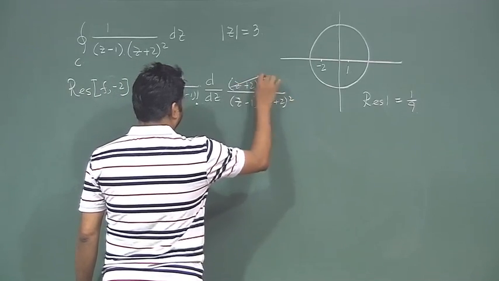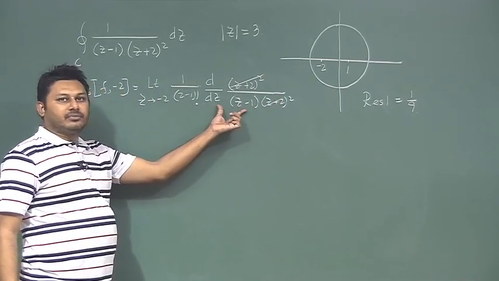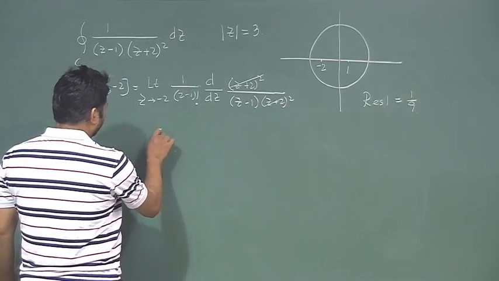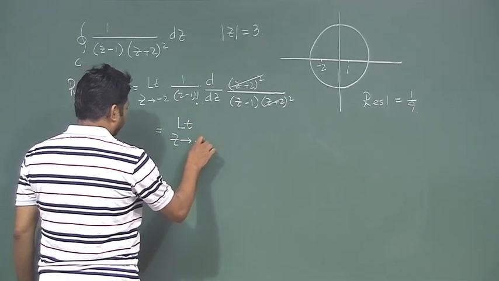This quantity will cancel out. I need to do the derivative of 1 over (z minus 1).